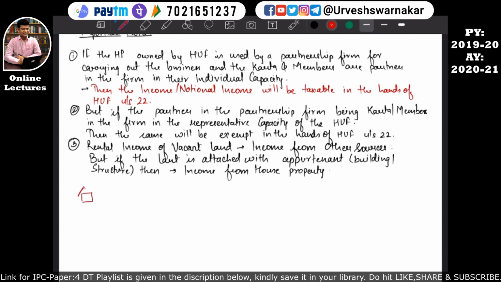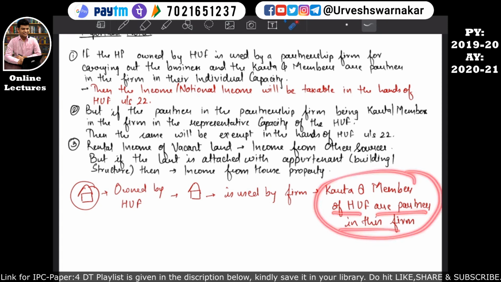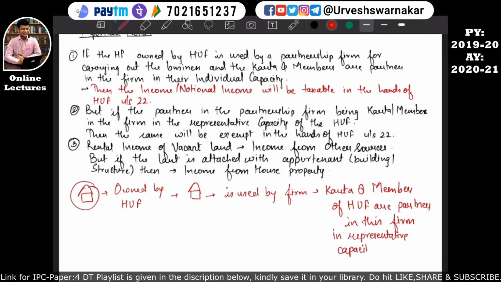If a house property is owned by HUF, and this house property is used by the partnership firm, and the karta and members of HUF are partners in this firm, but this karta and the members of the HUF are partners in the firm in representative capacity of HUF.